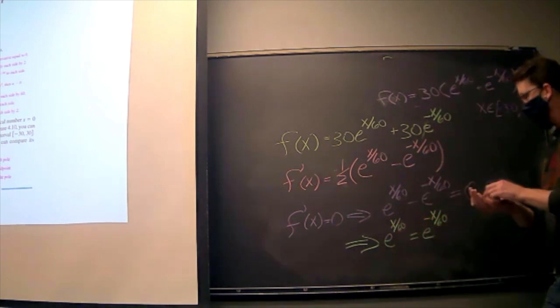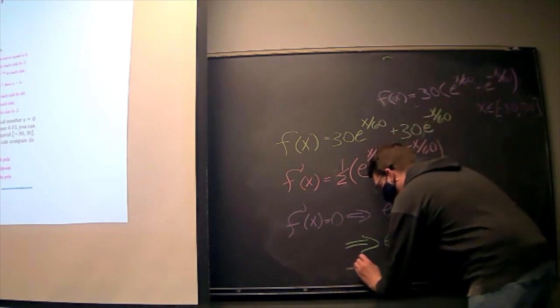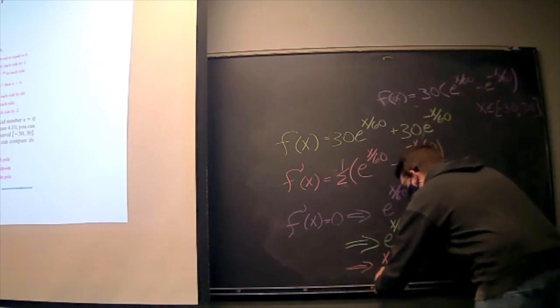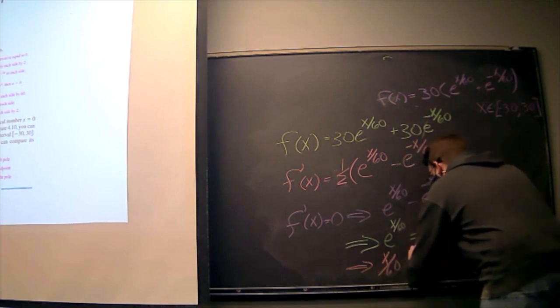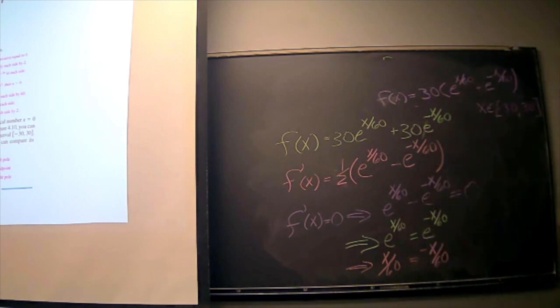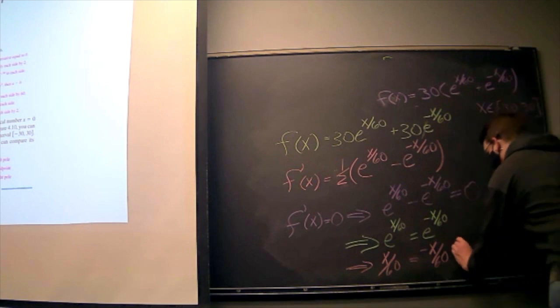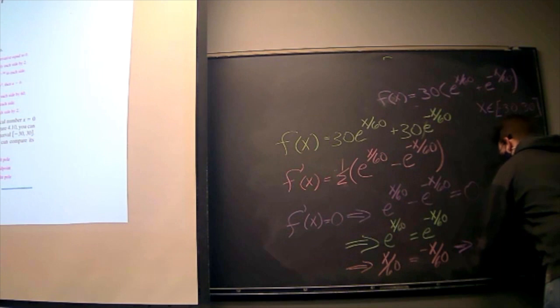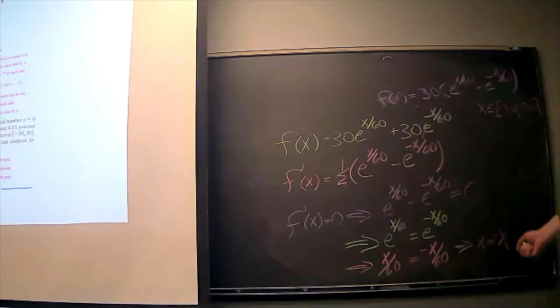So this tells us then that x over 60 has to be equal to negative x over 60. So we can multiply both sides by 60. And we get x is equal to negative x then. But that never happens unless x is equal to 0. So our critical point has to be x at 0, right?